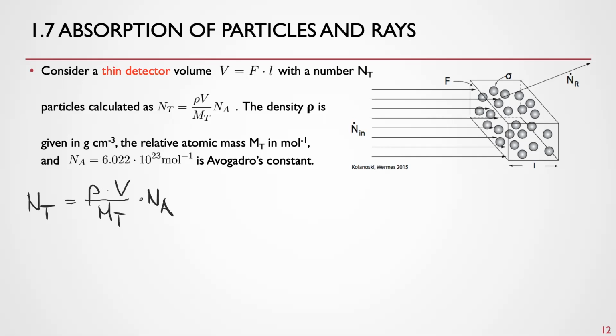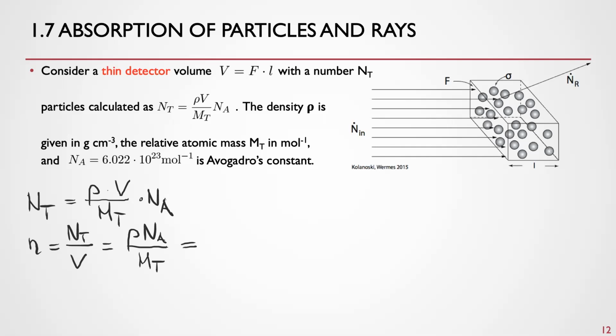To give you an idea, we use a few numbers. We compute the number density, that is the number of target particles per unit volume. So this is, of course, given by the formula above: density times Avogadro constant divided by the molar mass.